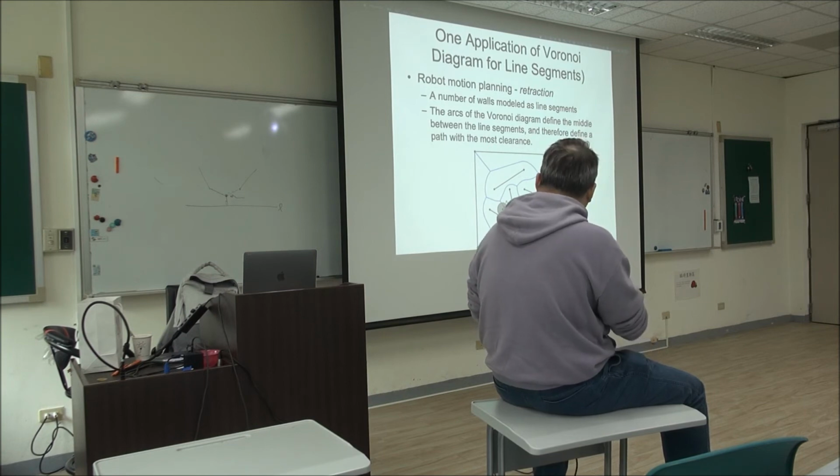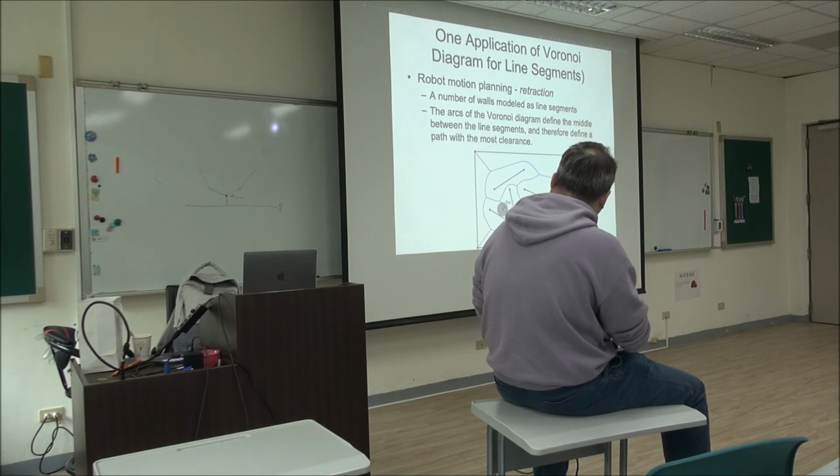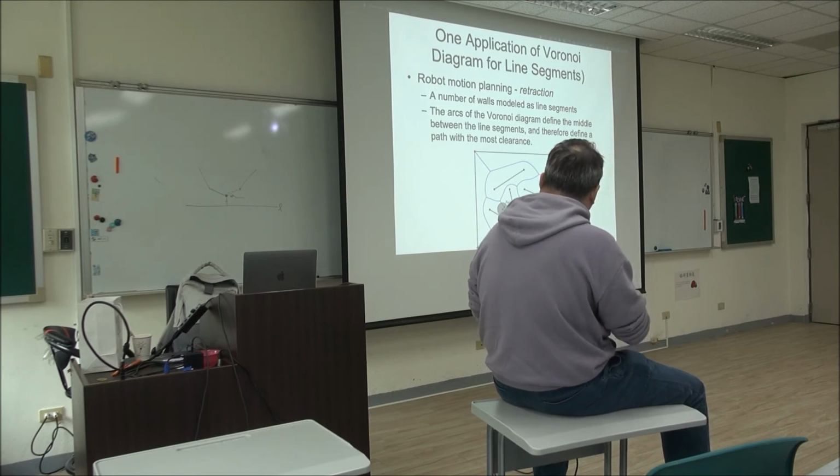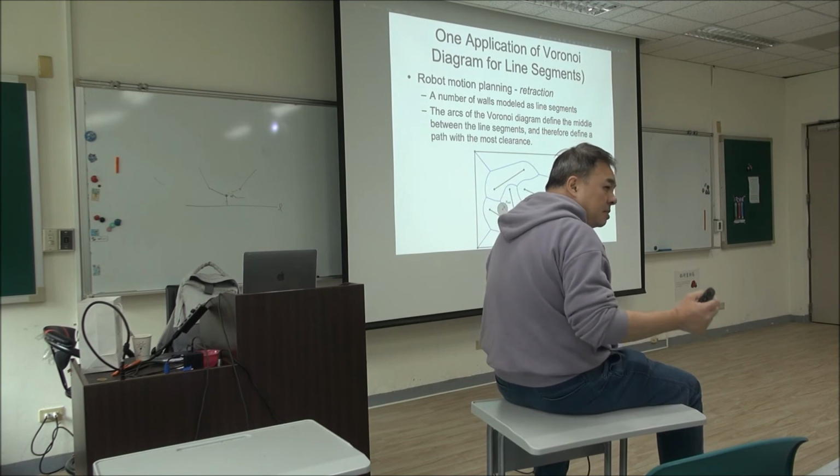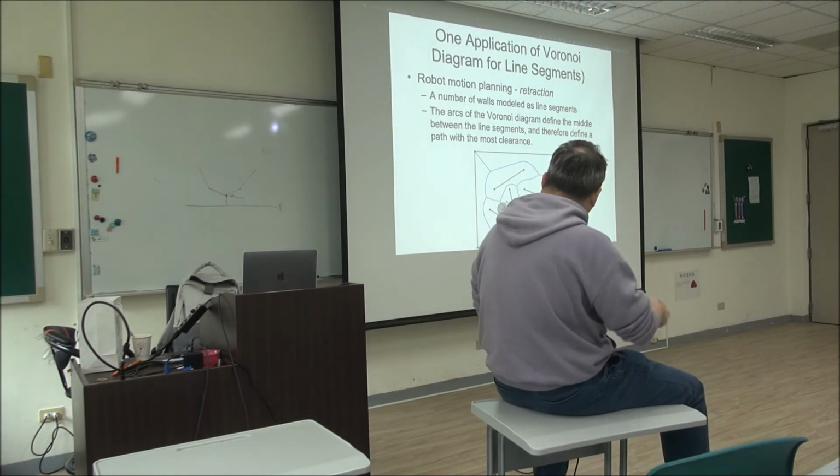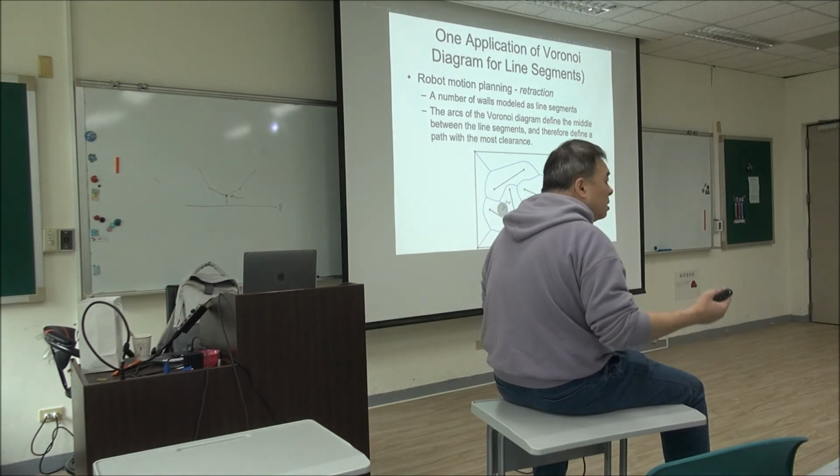And by the way, we also include the bounding box, the 4 sides of the bounding box, into consideration when we create a Voronoi diagram, because we treat these 4 sides of the bounding box as walls as well.